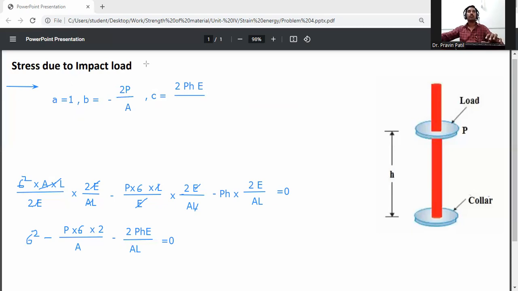So this one is also minus 2phe divided by AL.